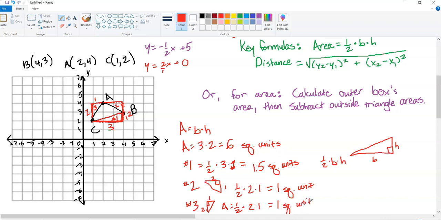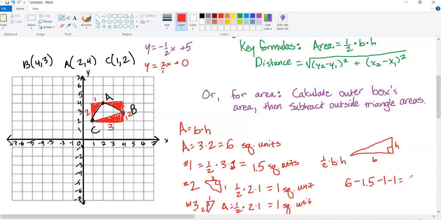So how do I get the area of the actual triangle that I graphed on the stained glass? Well, I'm going to subtract each of these red triangles, number 1, 2, and 3, and the difference between that and the whole rectangle will be the area. So the whole rectangle was 6 square units, so I'm going to do 6 minus 1.5 minus 1 minus 1.